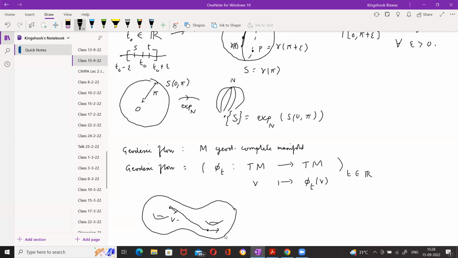So V is say gamma'(0), and then you take the tangent vector at time t to this geodesic. So this is phi_t of V, which will be gamma'(t). Is it clear? This is the geodesic flow. Okay, so be careful: it's not a flow on the manifold. It's a flow on the tangent bundle of the manifold.